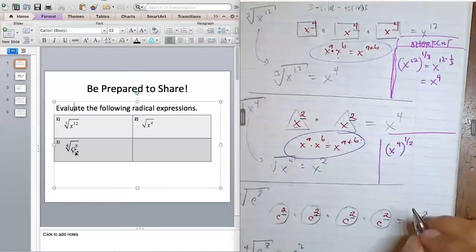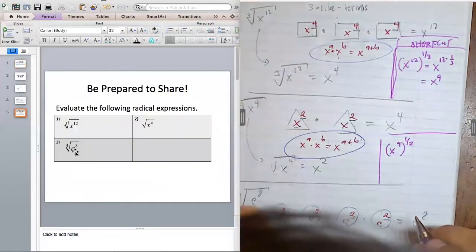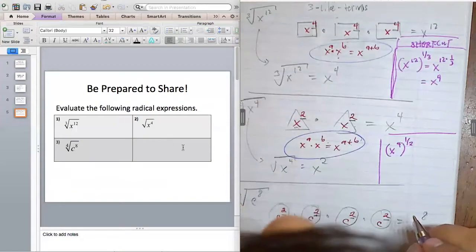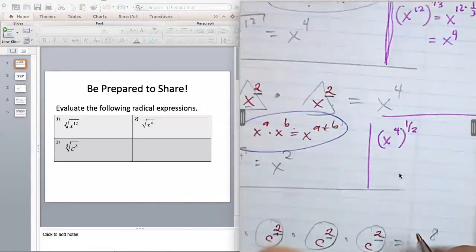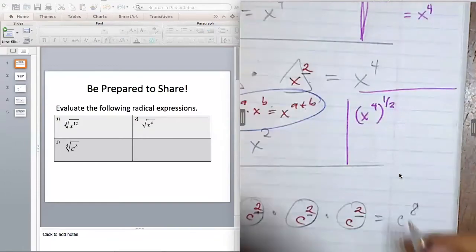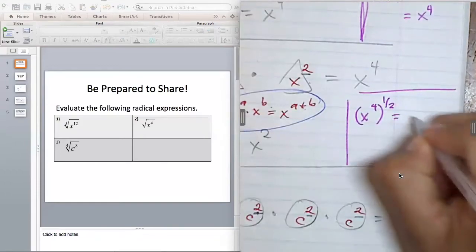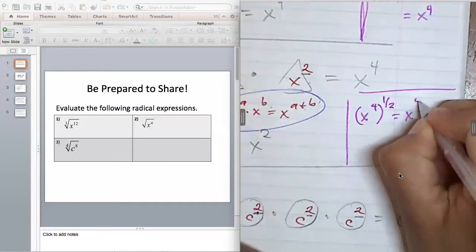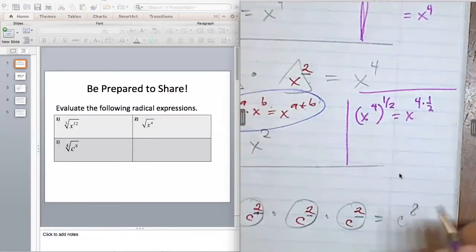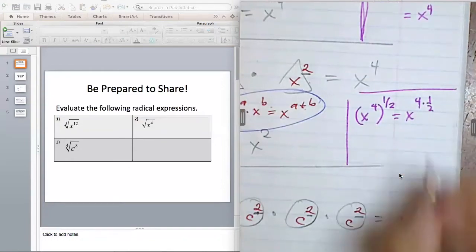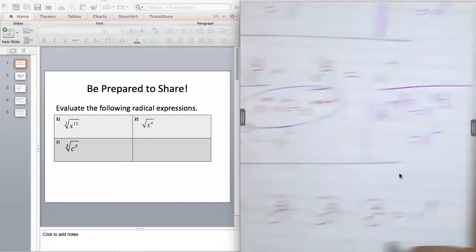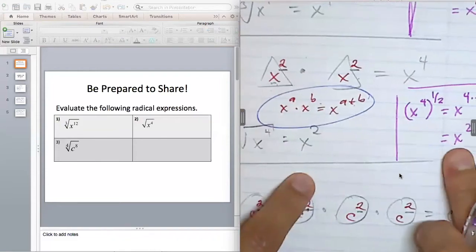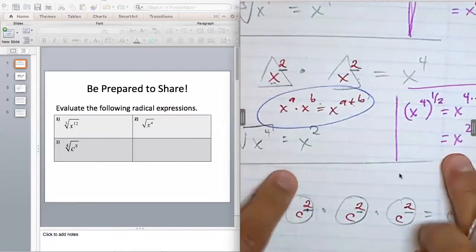So this is again 4 times 1/2, and 4 times 1/2 is equal to x to the 2, and that's the same thing that we got here.